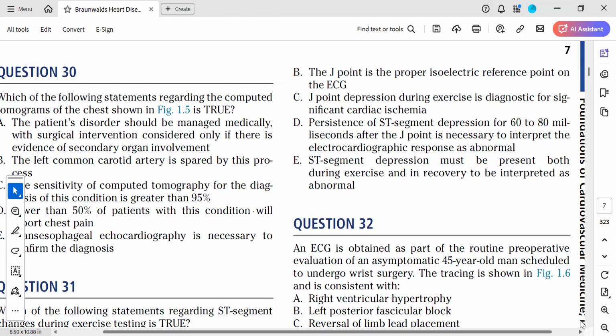So from what we discussed, the best answer to our question is answer D. So for 31, we have answer D.